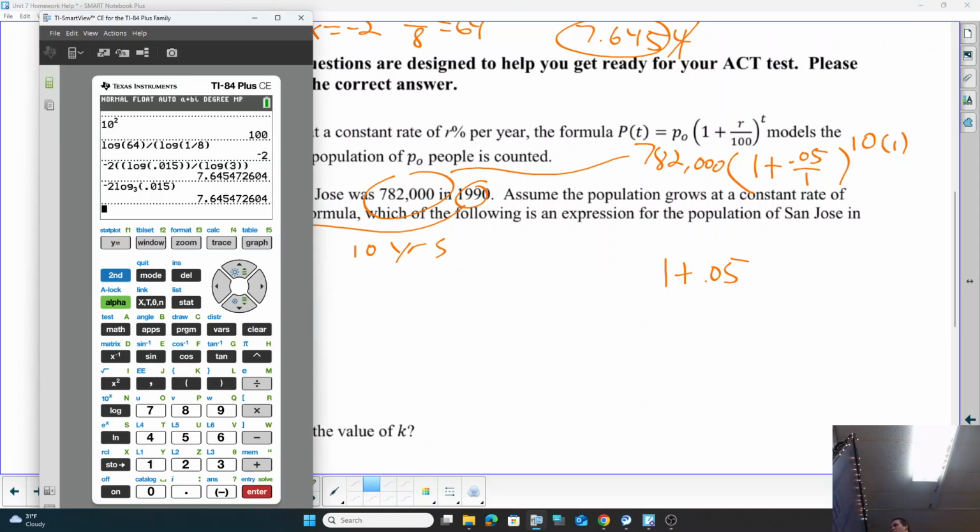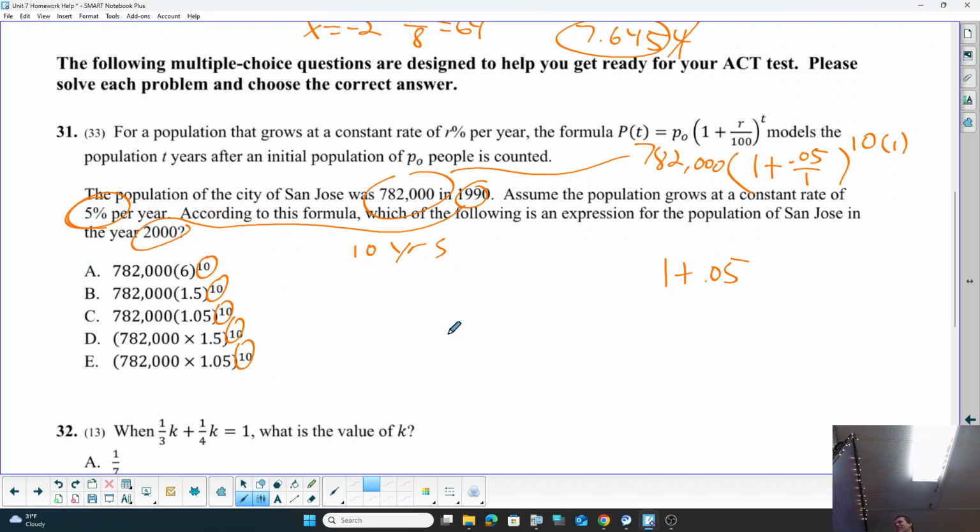So 1 plus 0.05 is just 1.05, which is going to be our answer. And so it's going to be 782,000 is our initial population, 1.05 rate, to the 10th power. And so I'm just going to double check. Yep, that's what the other teachers got too.